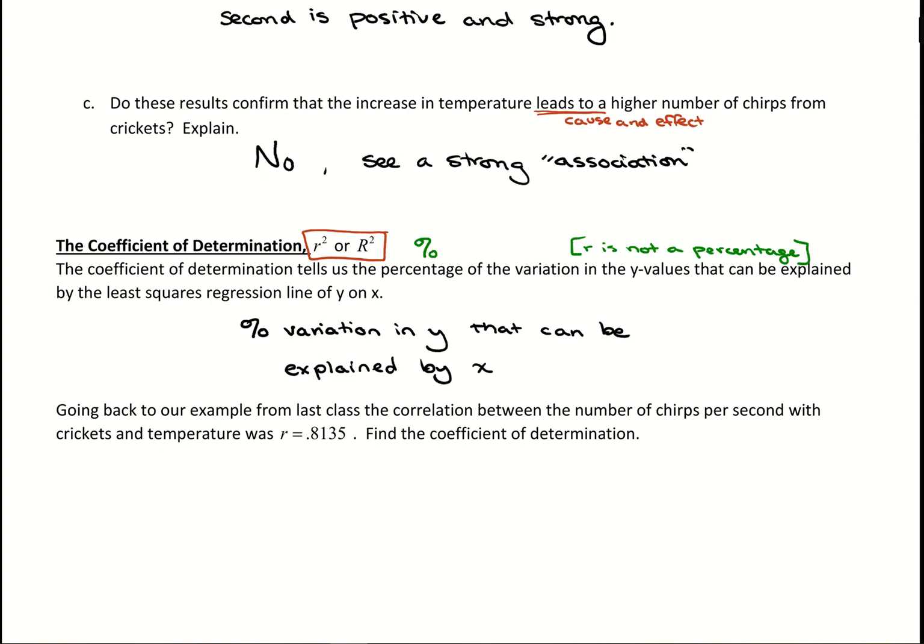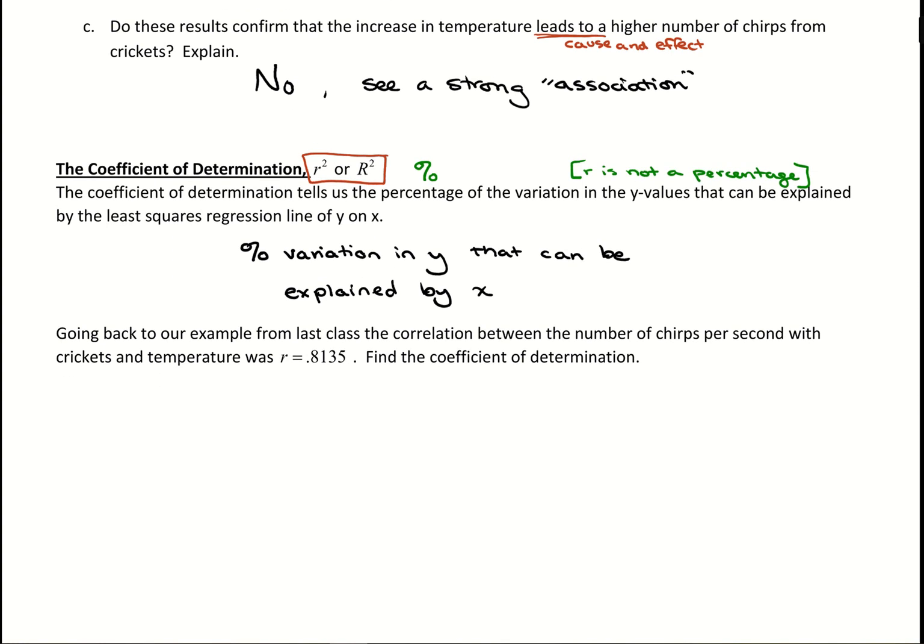So let's look at an interpretation using the crickets data. So we had R equals 0.8135. So calculating R squared, we would just take 0.8135 and square it, and that would give 0.6618. So remember, X is temperature and Y is chirps per second.